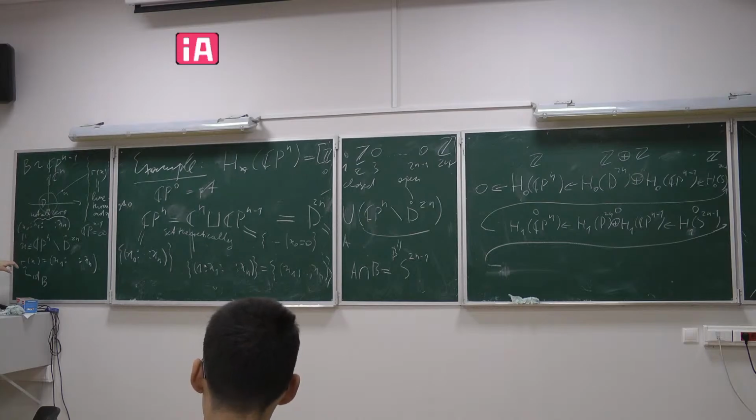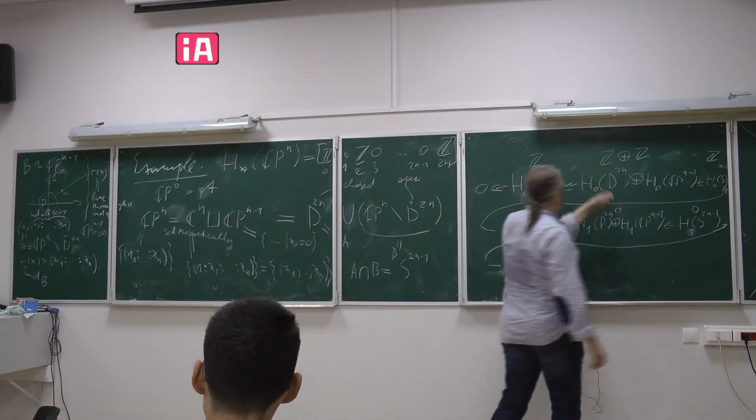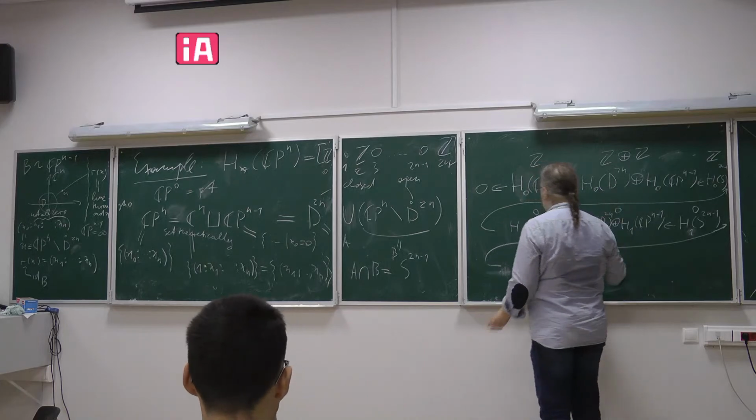So my claim is the map R is homotopic to the identity of B, which is pretty straightforward. How do we prove that? Well, I mean, think about this. And let's look at the Mayer-Vietoris sequence.